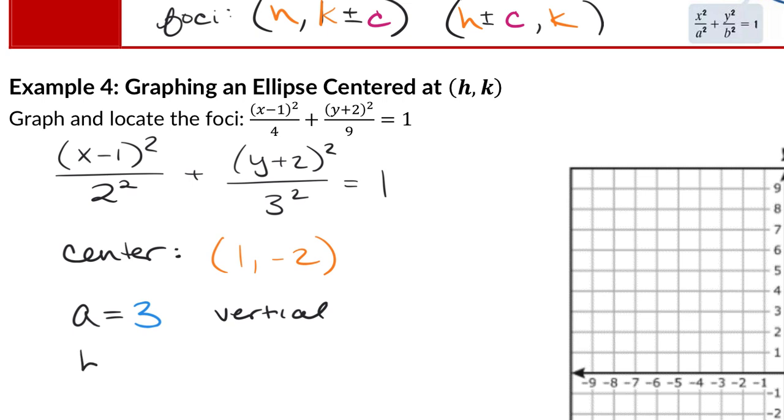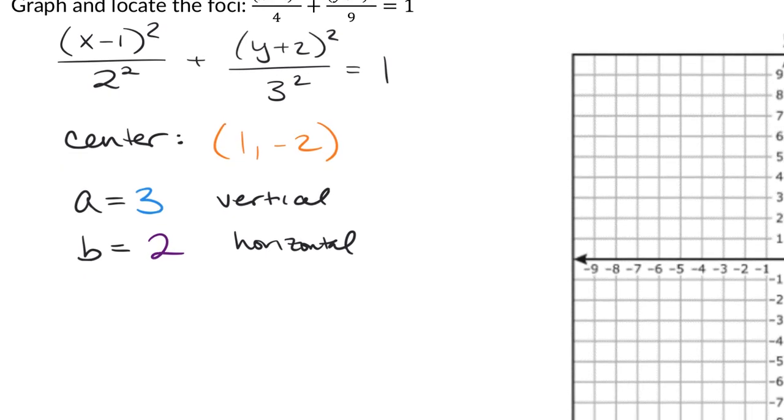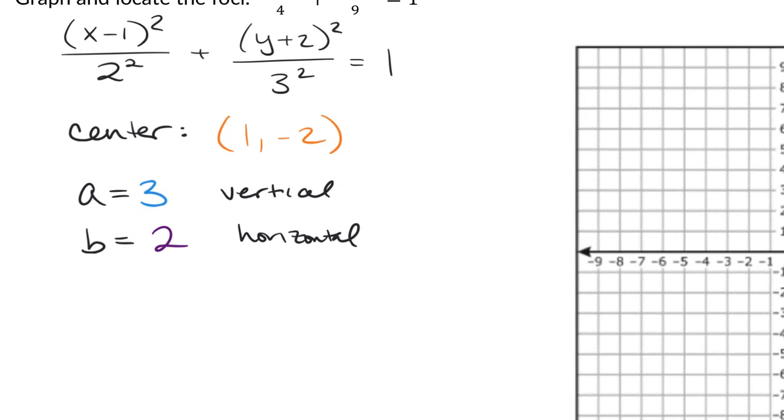What's the b value? 2. That's my horizontal. But it's smaller, so this is a vertical ellipse. The other thing we did previously was we found c, so we're going to continue to do that. We find c with the same formula, which is the square root of a squared minus b squared, which is equal to square root of 5.